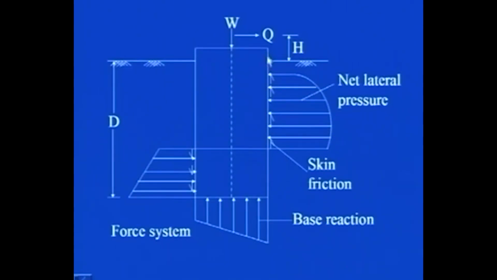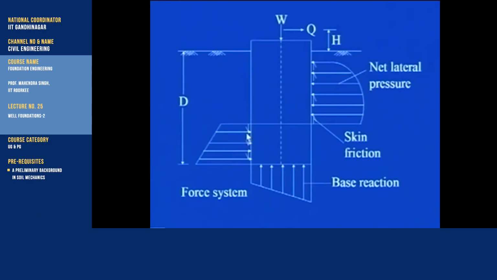Along the surface of this well foundation skin friction will be developed, and at the base the base reaction will be developed. Here you are seeing the lateral force in this particular direction along with the skin friction. So, this is a schematic diagram of the various forces which are acting on the well foundation.